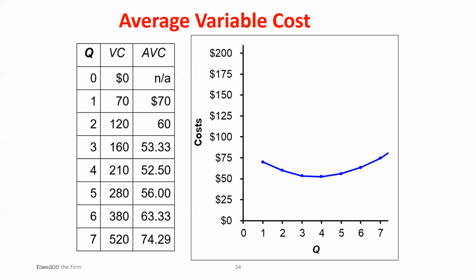And I know I have this in some people's stuff, but I want to make sure I mention it here. So our average variable cost curve: initially those variable costs were declining, and then eventually they began to increase, right? I saw that play out in the numbers. Initially they're falling, and then eventually they start to increase.